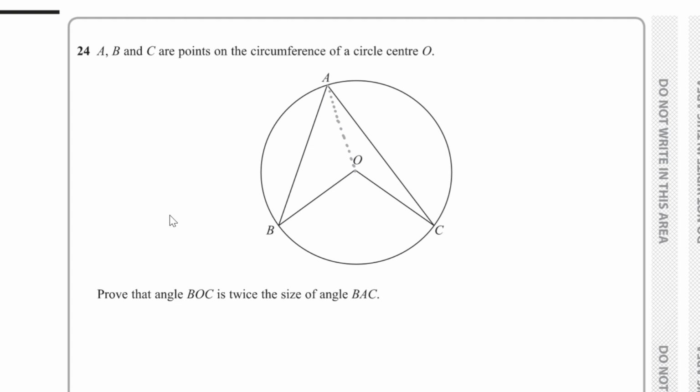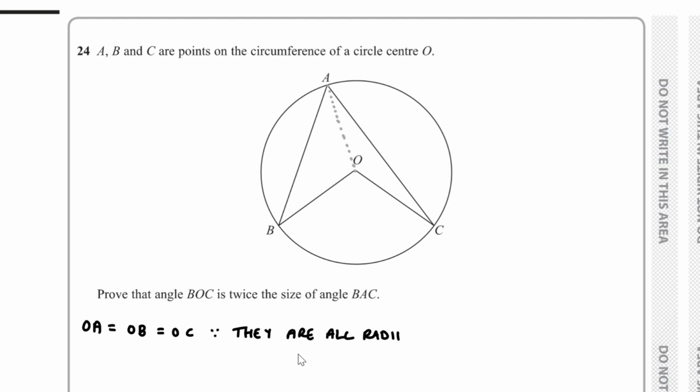So you'd first of all notice that OA is equal to OB, which is equal to OC. So this line equals this line equals this line, and that's because they are all radii.